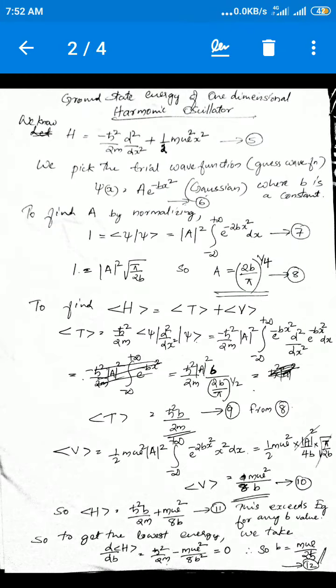So we know that this should be either equal to Eg or greater than Eg. So this exceeds Eg for any b value. In order to find the exact value of Eg, we need to take the derivative of the H expectation with respect to b, because the minimum point will be the eigenvalue Eg, the ground state.